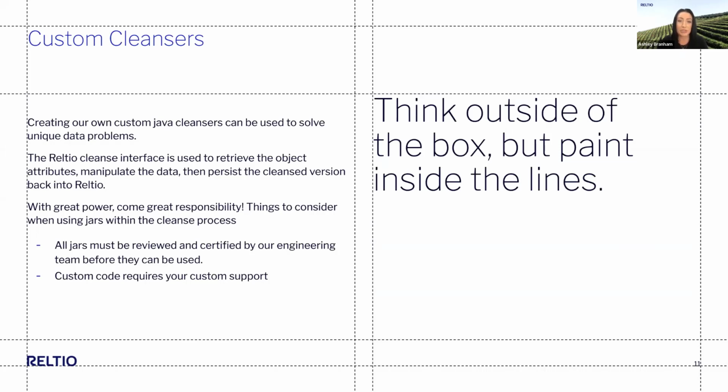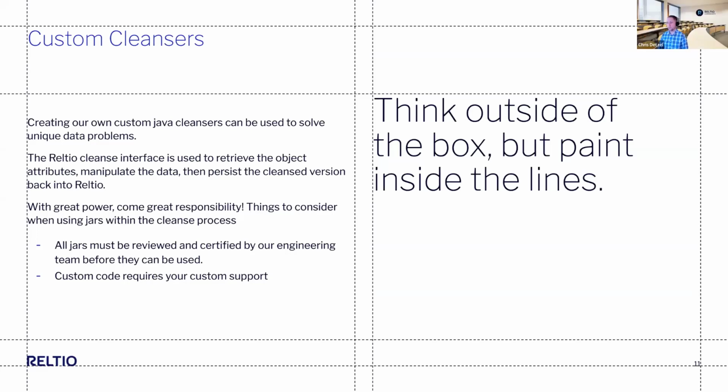You can build it within Java, test it locally, and then have the jar executed whenever any data is updated within Reltio. One thing I always like to caution about this is that these are a last resort, when we've tried everything else with our cleansers and it just doesn't fit your use case. They are protected and reviewed by engineering, so we don't want any bad code into your system making things perform poorly, but it is an option.